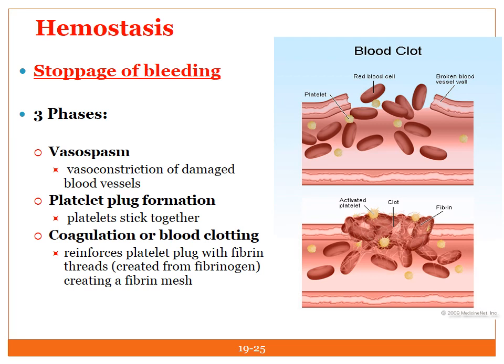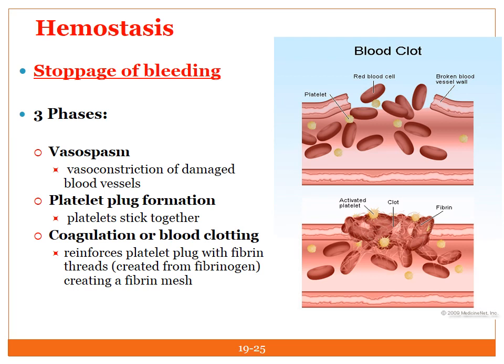The first thing that happens is vasospasm. When there's injury to a blood vessel or to tissue, the blood vessels in that immediate area will constrict, go into a vasospasm, to try to reduce the loss of blood. Secondly, a platelet plug will be formed, so the platelets will mobilize to stick together to create a temporary plug, so that we're again trying to limit blood loss.